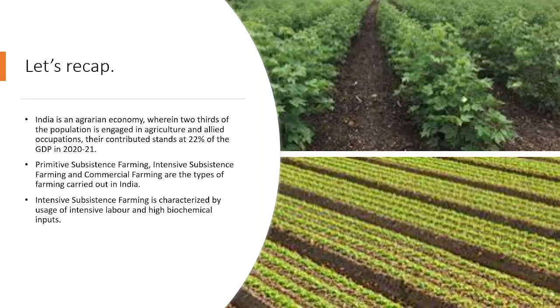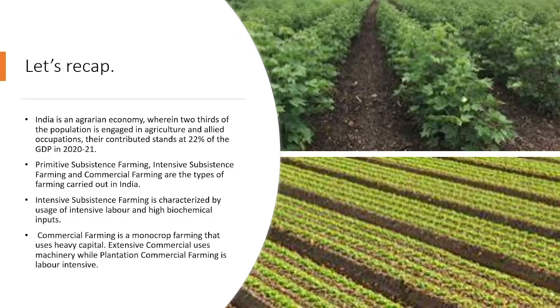In intensive, labor is highly used, human power is highly used, and use of biochemicals is also done here. In commercial farming, only a single crop is grown. Heavy capital investment is done with an objective of earning maximum profit. Extensive commercial uses heavy machinery, while plantation commercial farming uses more of labor.